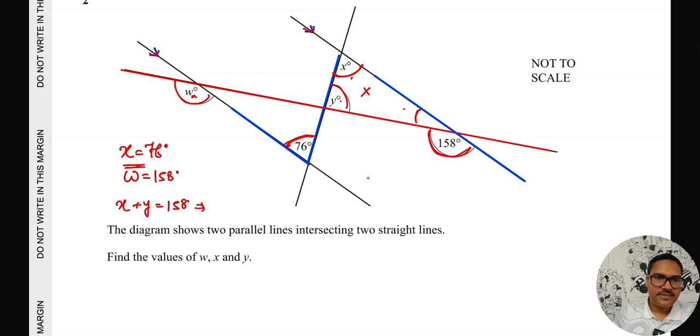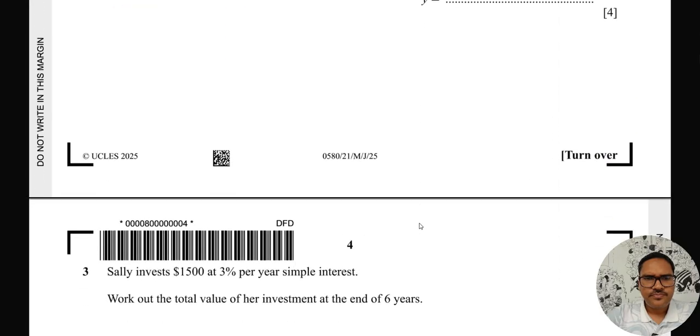We know x is 76, so y is equal to 158 degrees minus 76 degrees, which is 82 degrees. Y is equal to 82 degrees. Again, an easy question.